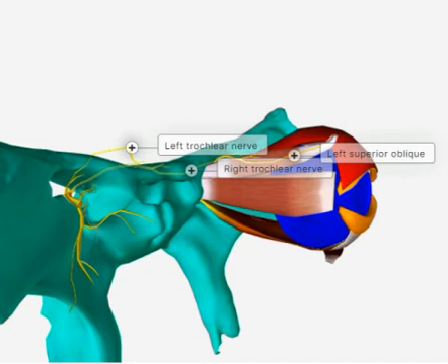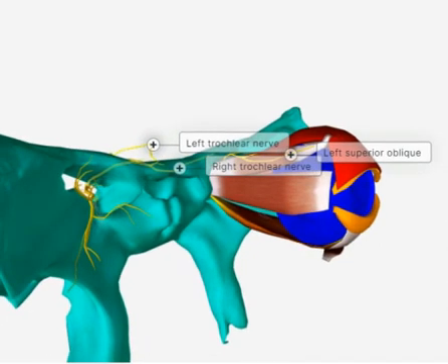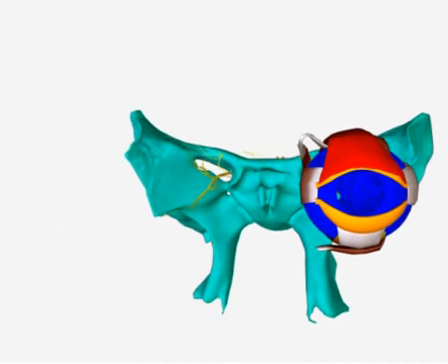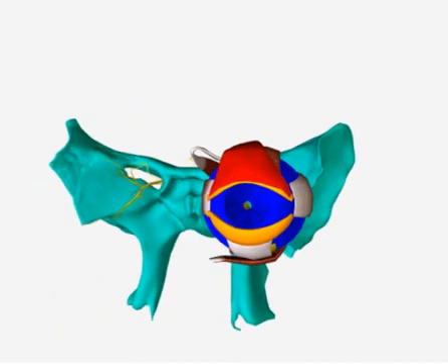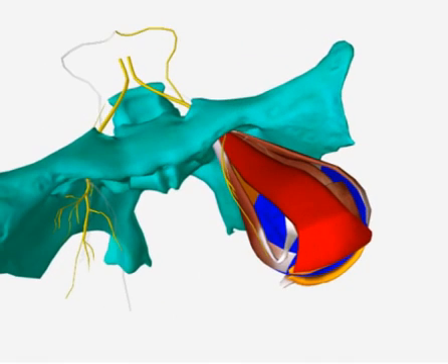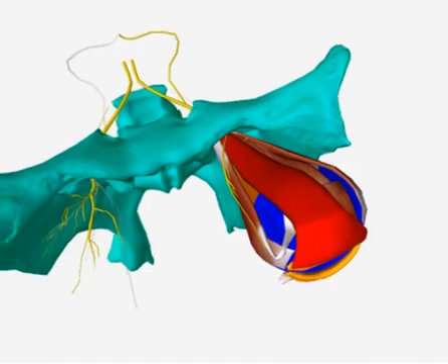Next, we go to the innervation of the lateral rectus muscle. If we see here, the lateral rectus muscle is supplied by the abducent nerve, or the sixth cranial nerve. Just have a visual look at the abducent nerve, which is here.